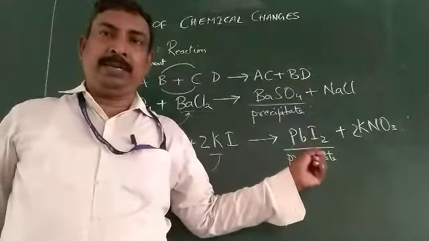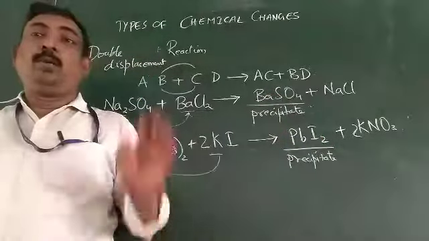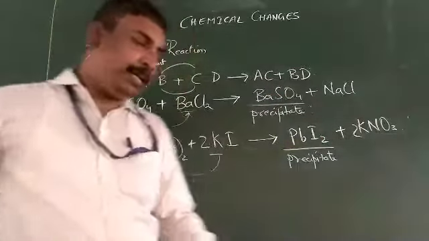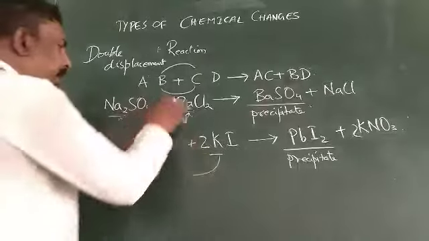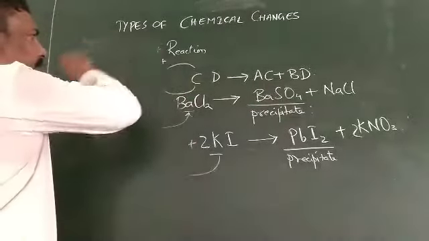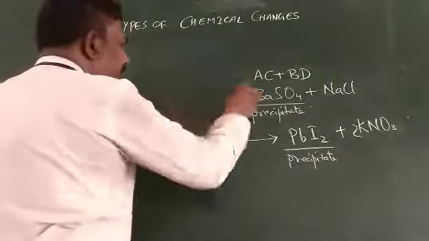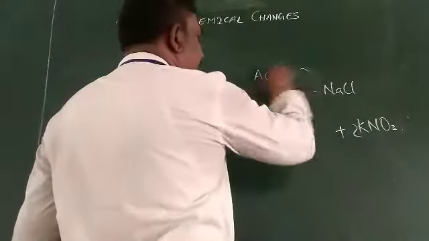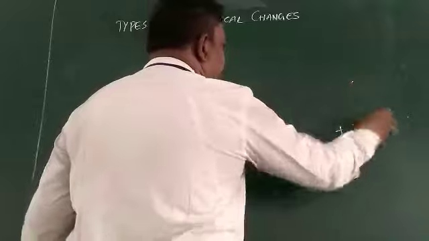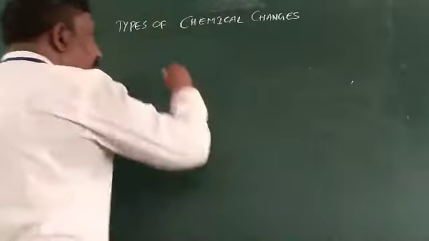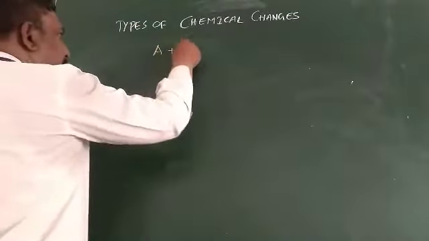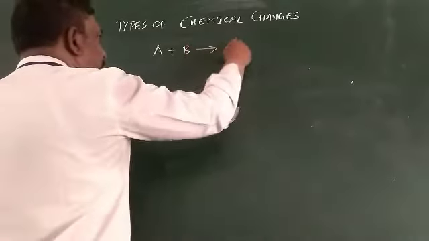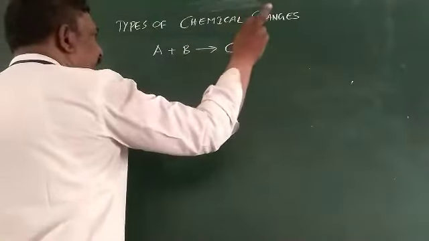So what are the 4 different types of chemical reactions we have seen? Chemical combination, chemical decomposition, chemical displacement, chemical double displacement reactions. So in a simple method, in terms of A and B, if 2 or more reactants combine and form a single product, we will call it chemical combination.